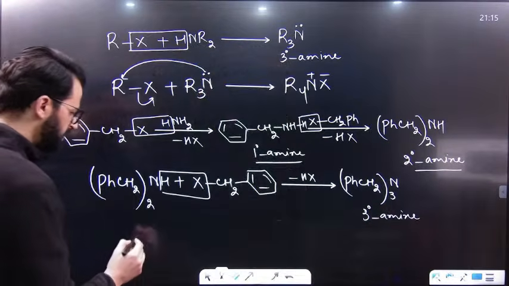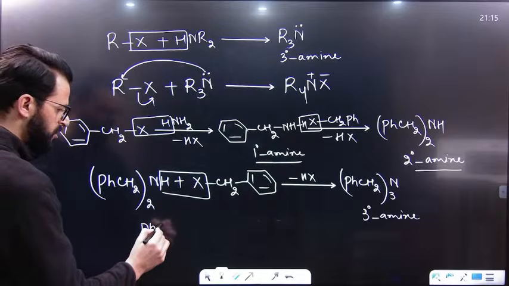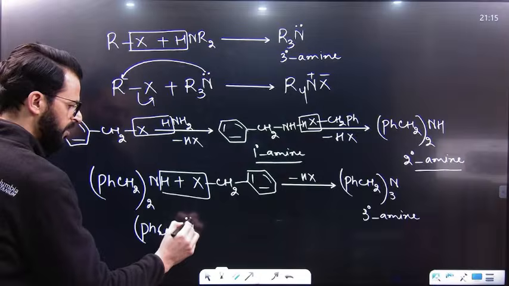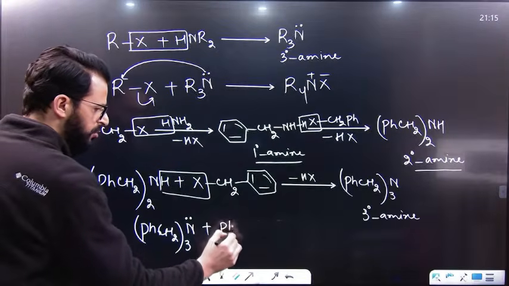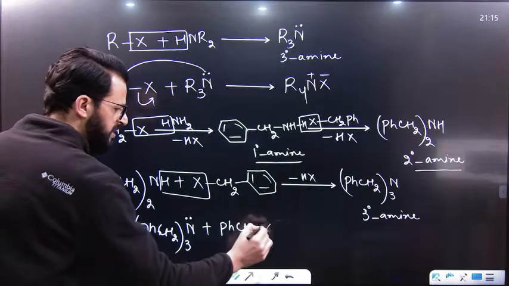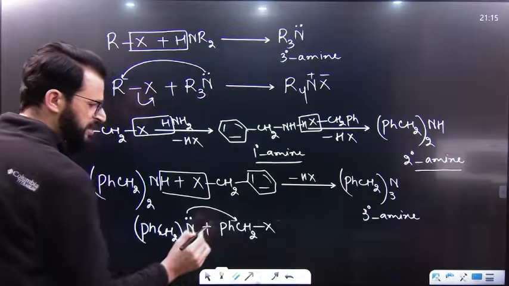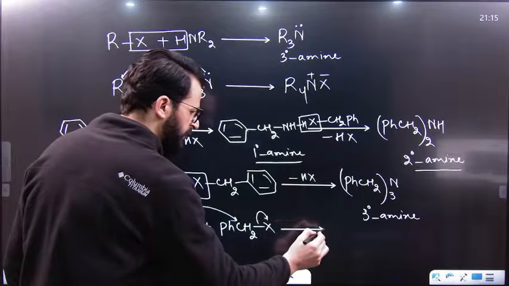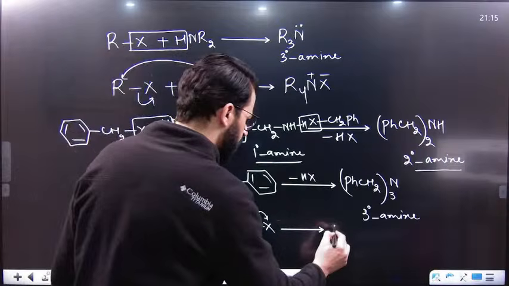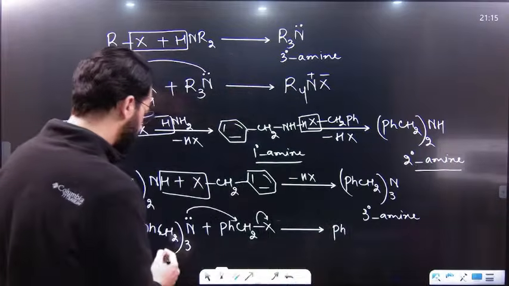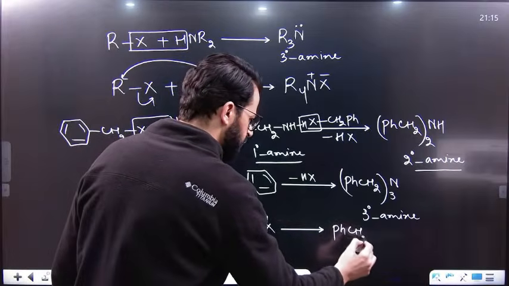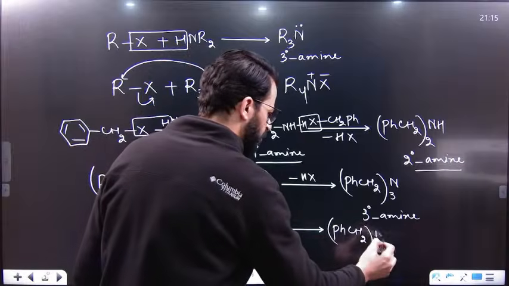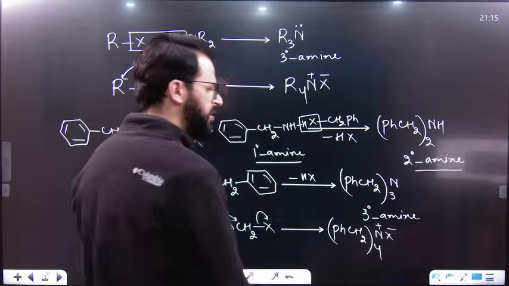Then finally this tertiary amine, (PhCH2)3N, will react with PhCH2X, that means benzyl halide. It will attack on this electron deficient site, X will be lost, and it will result in the formation of a quaternary ammonium salt like this, (PhCH2)4N+ X-.